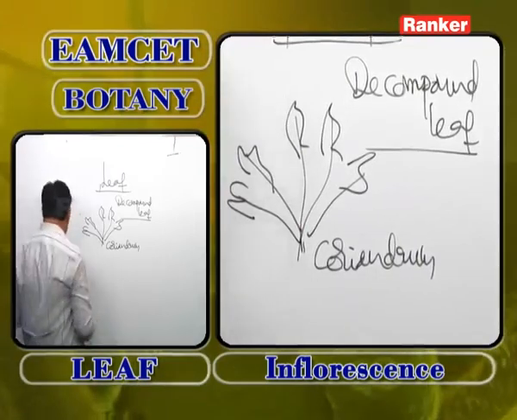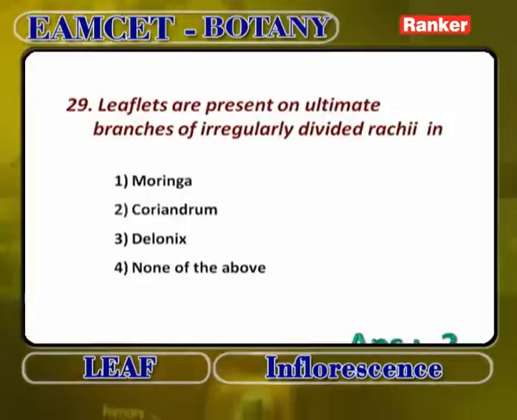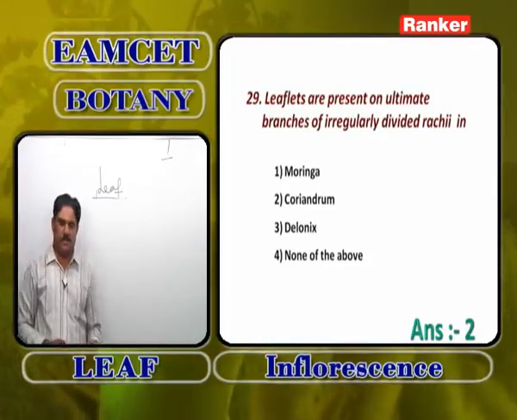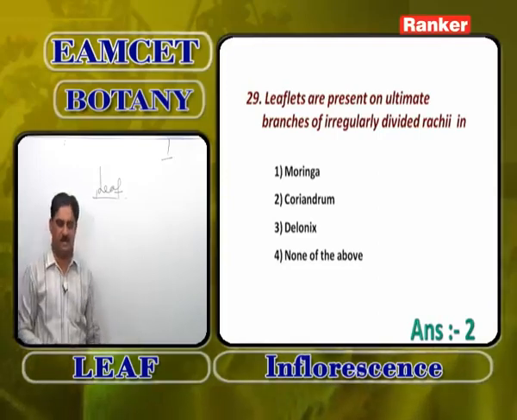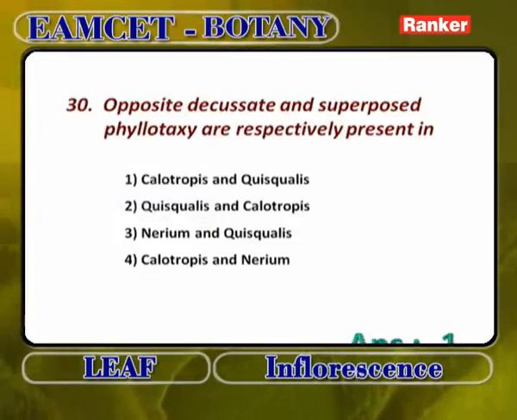Moringa, tripinnately compound leaf. Delonix, bipinnately compound leaves. Coriandrum, multipinnately compound leaves or decompound leaves. Next, opposite decussate superposed phyllotaxis are readily found in Calotropis and Quisqualis.